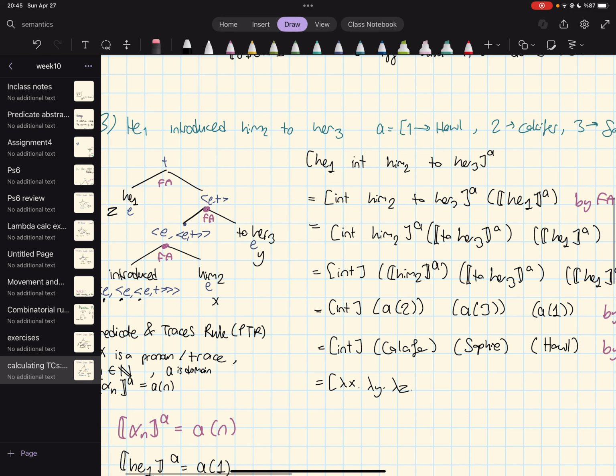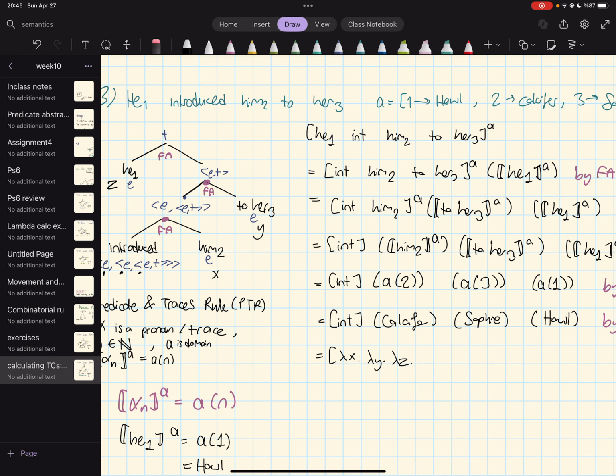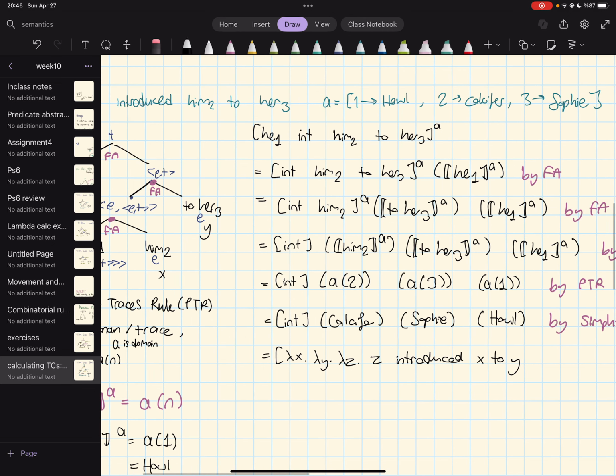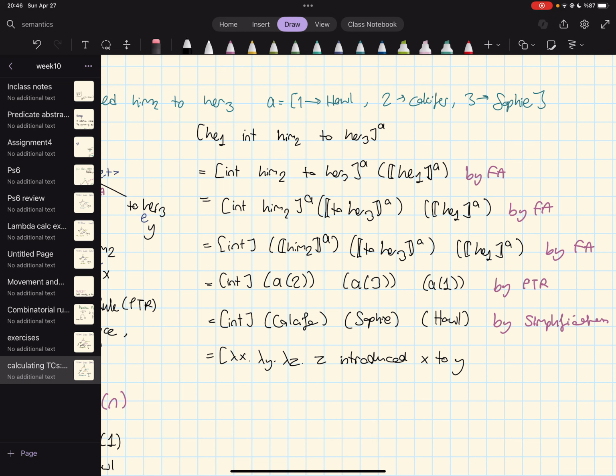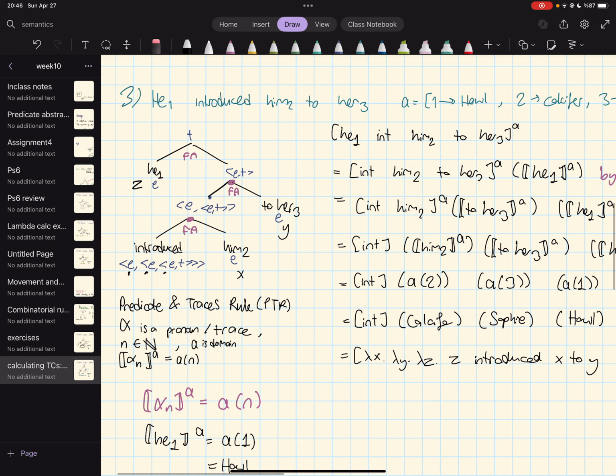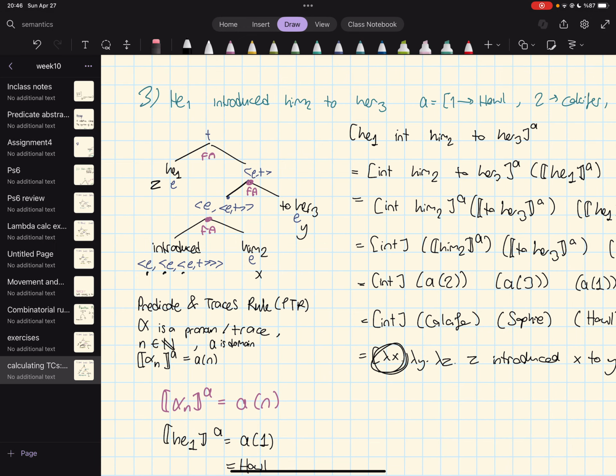So the denotation of introduced by making use of my lexicon is lambda x, lambda y, lambda z, such that z introduced x to y. The reason why I didn't say x introduced y to z, and instead I said z introduced x to y, is because the first thing that I've written here is lambda x, and the first thing that the predicate introduced is sister to is him.